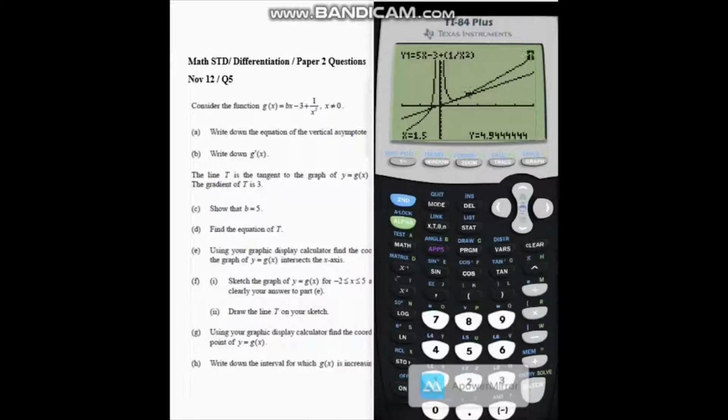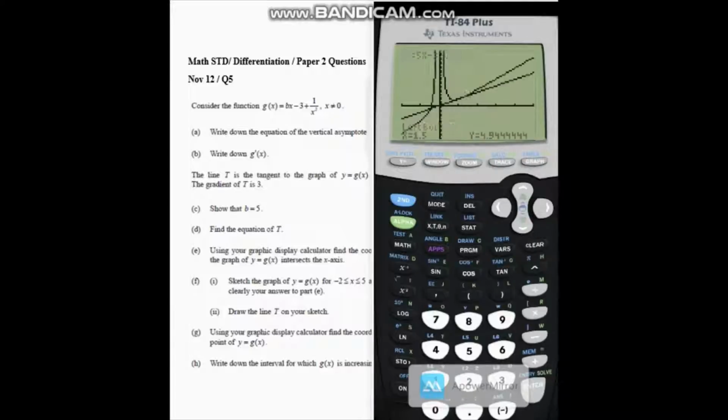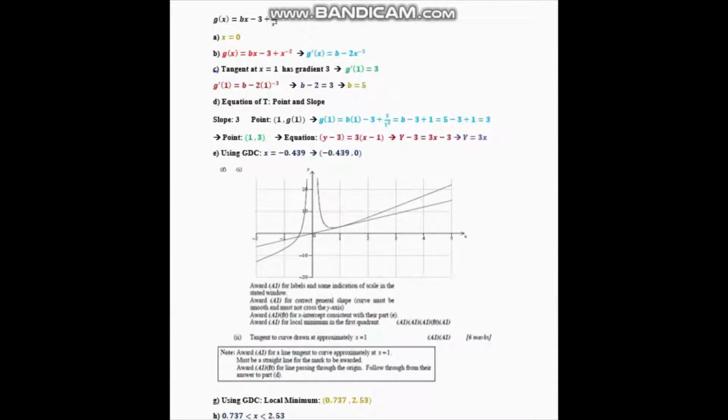So second, trace minimum, and you drag the cursor to the left of your minimum point and then to the right, and then a guess, and your answer is 0.737 and 2.53. These are your coordinates. There they are.